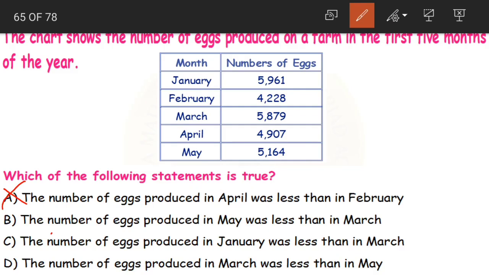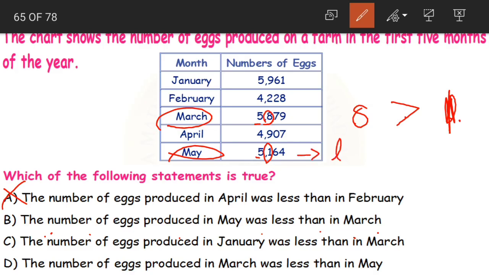Yes. Next, statement B. The number of eggs produced in May was less than in March. May and March. Let us compare. First, 5 same. So, going to the next digit, 8 and 1. Now, if we compare, 8 is greater than 1. Yes. So, May is the lesser number. The 5164 is the lesser number.